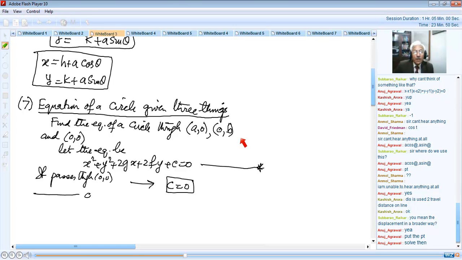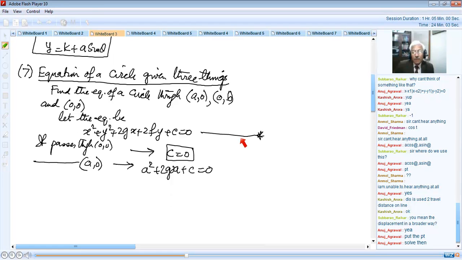It passes through (a, 0). What do you get? You get a square plus 2ga plus c equal to 0. But c is 0. That means a square plus 2 into g into a is equal to 0. That gives you 2g equal to minus a. Similarly, it passes through (0, b).